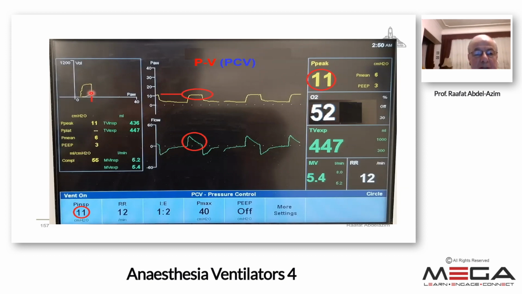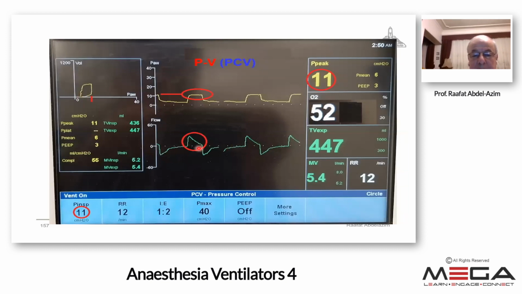So this vertical line is constant, exactly the same as the horizontal line here in the pressure scalar. So no more going to the right side. The pressure is constant. Only the volume is going up, because of the building volume, until reaching the end inspiratory point, displaying the tidal volume of 440 or 450. It will go to the left during expiration, and again to the starting point.